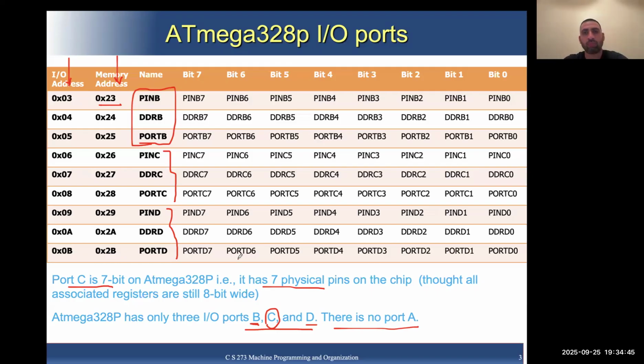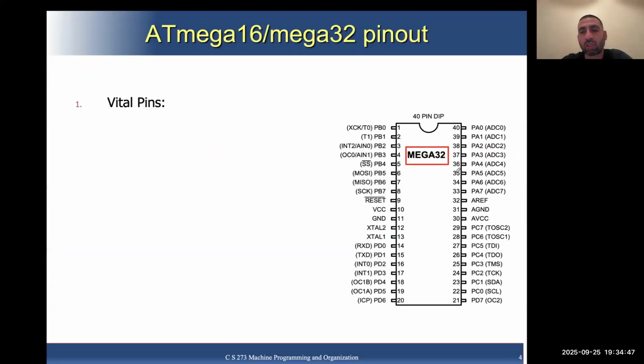Okay, so here we have this Mega 32 microcontroller. Note that it is not the same microcontroller which we are using in our lab. It has 40 pins. The one which we are using in the labs has 28 pins. That's why this one has 4 ports.